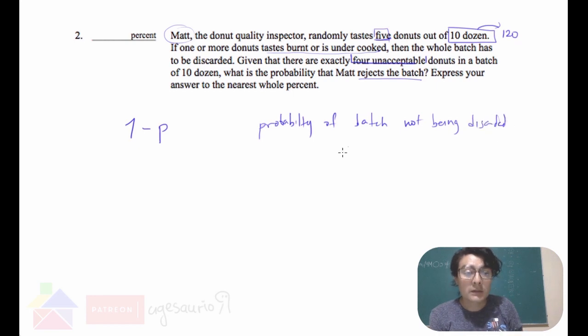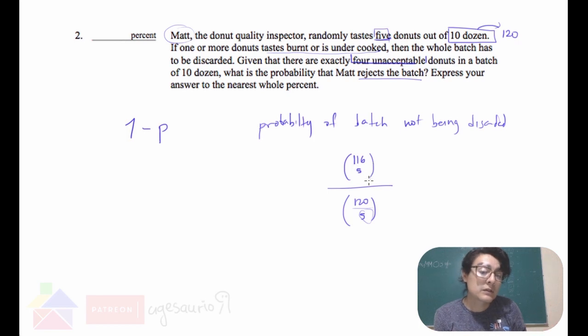That means that out of the 120 donuts, the ways of choosing 5 donuts out of the 120, you have to choose 5 out of the 116 that are okay donuts.